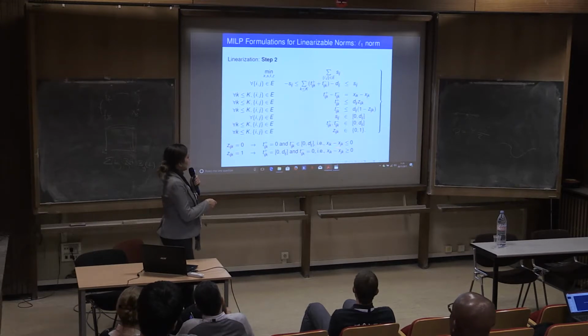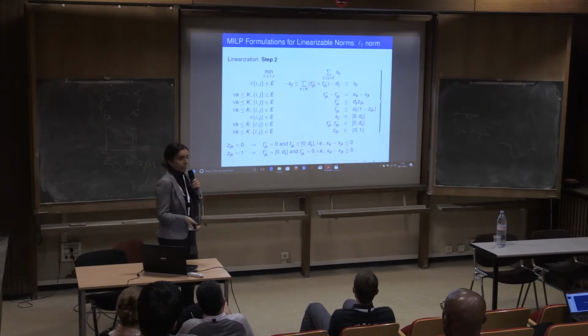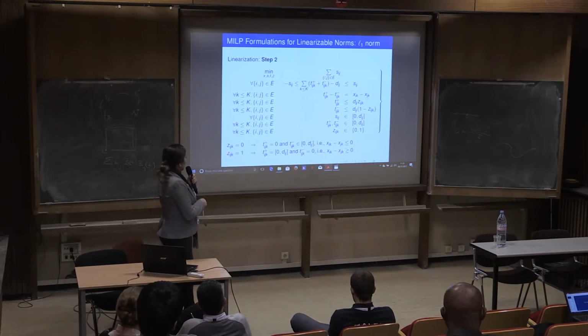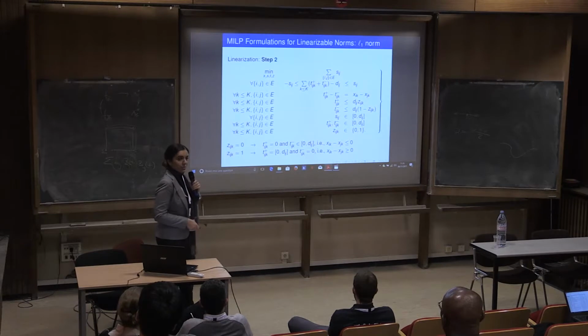This models the fact that xik minus xjk is non-positive. In the other case, zijk is equal to 1, and thanks to this constraint t plus can be between 0 and dij, but t minus has to be equal to 0, because we have the bounds plus this constraint here. It models the case in which xik minus xjk is greater than or equal to 0.